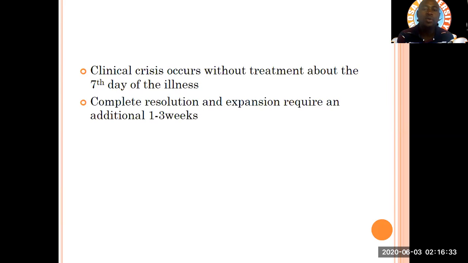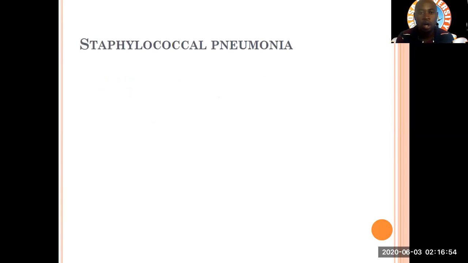The clinical crisis will occur without treatment at about 7 days of the illness, because of the pathogenesis occurring in the 4 stages. We know that in the last stage, because of the phagocytosis, everything is being liquefied. And we expect a complete resolution in between 1 to 3 weeks.